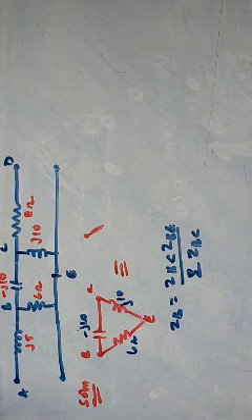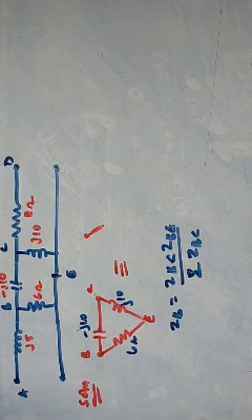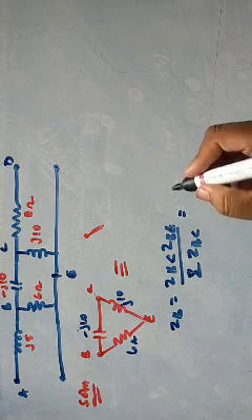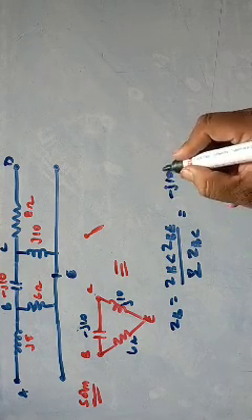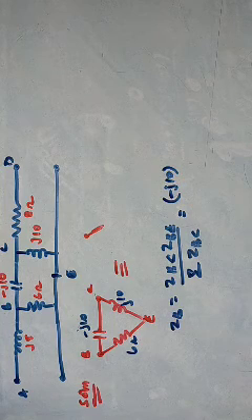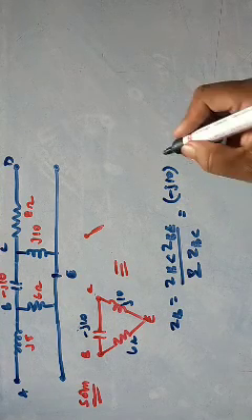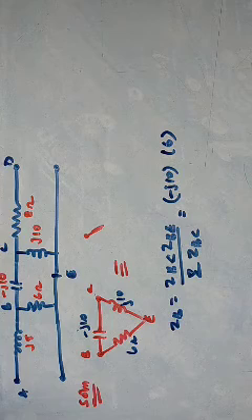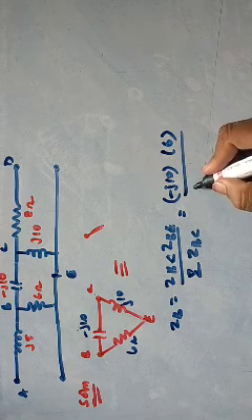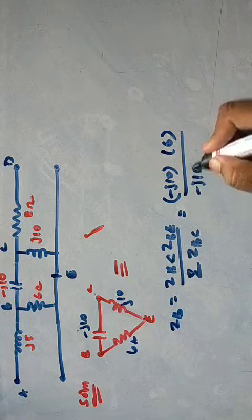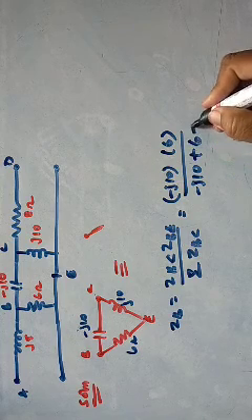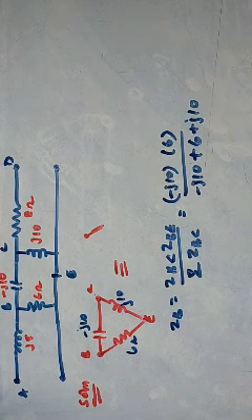ZBC. What is ZBC? That is minus J10. ZBE is 6, divided by minus J10 plus 6 plus J10.